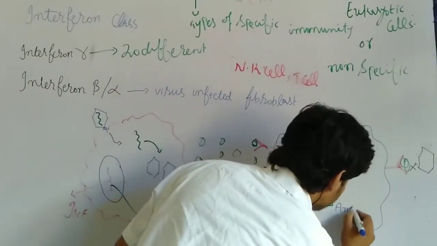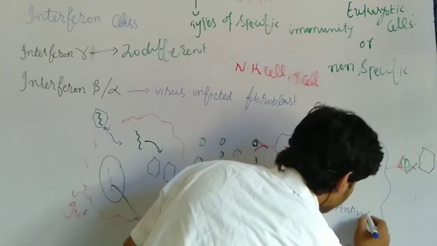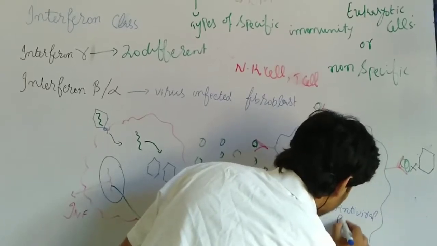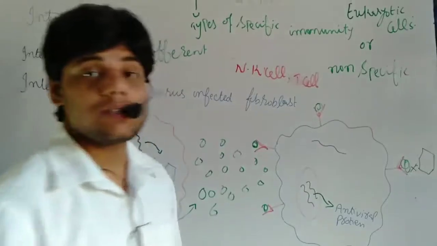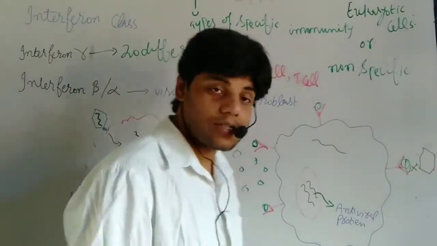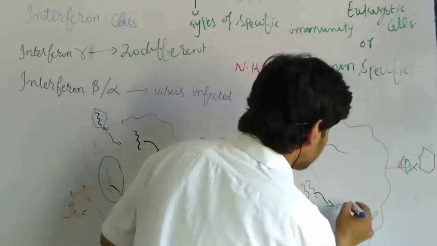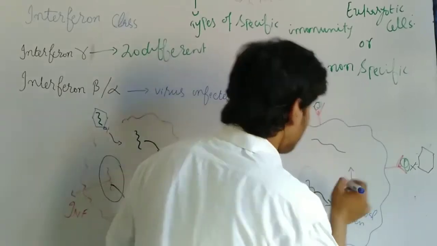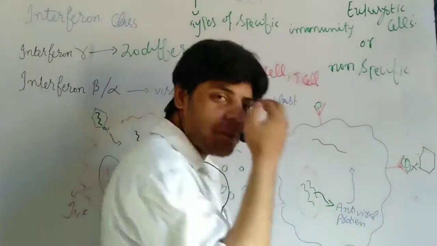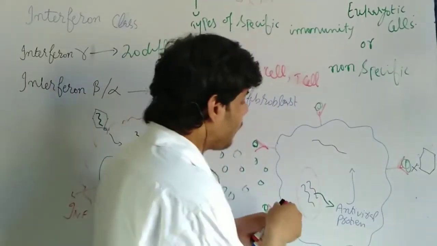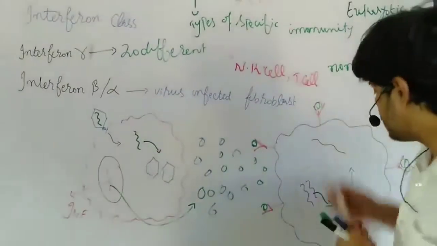They synthesize antiviral proteins. Now once this gene synthesizes antiviral proteins, such antiviral proteins act against these genomes. Sometimes they will block this genome.